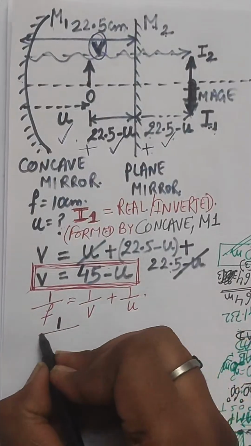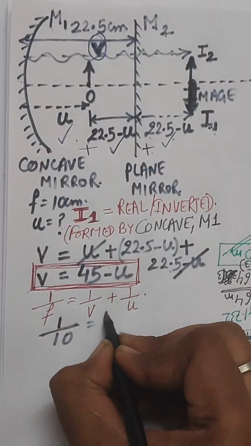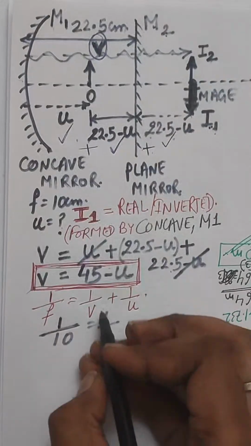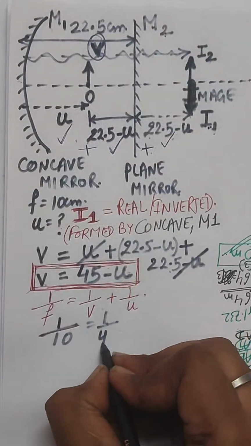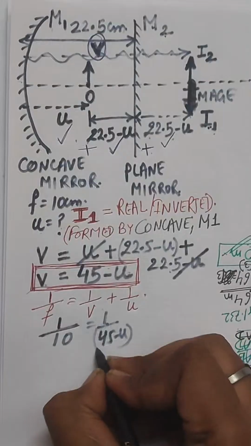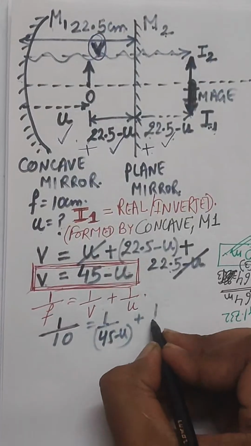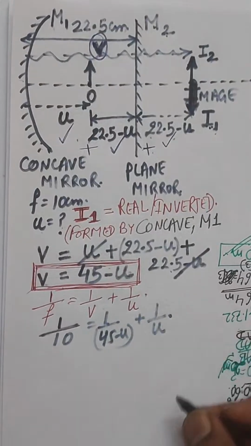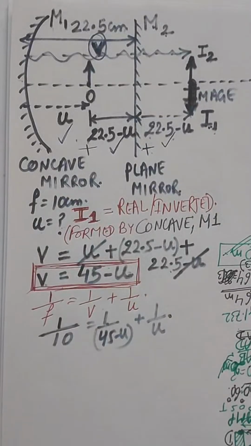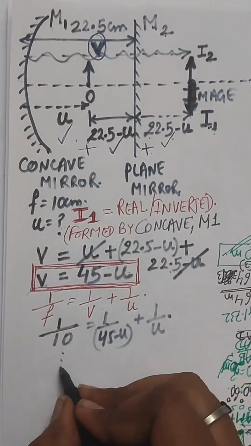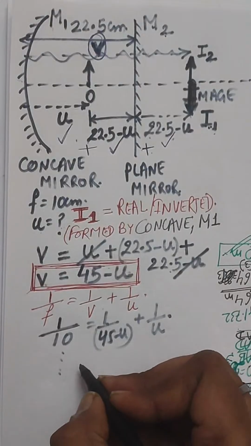So put 1 by 10, and in place of 1 by v, just put 1 by 45 minus u, and in place of this u leave it as it is. Just solve it, then you will get the value of u.